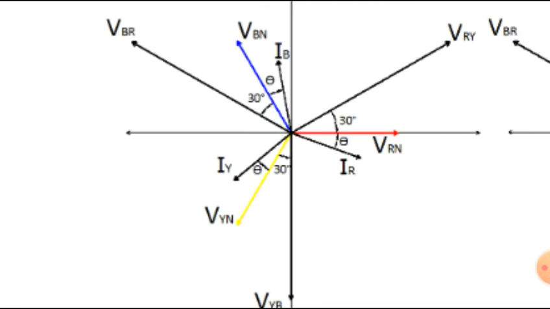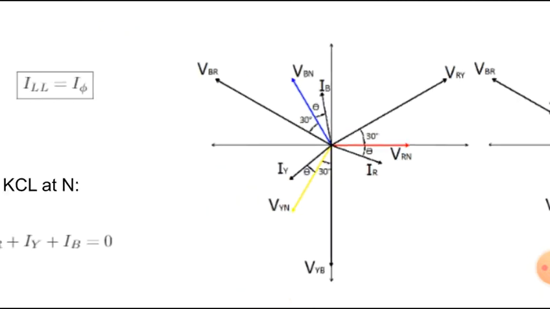Because IR is the phase current, it's the same as the line current, and VRN is the phase voltage. So the angle between them is theta, and theta will be our power factor angle. And if we look at the angle between the line current and the line voltage, it's actually equal to 30 degrees plus theta for a lagging power factor.